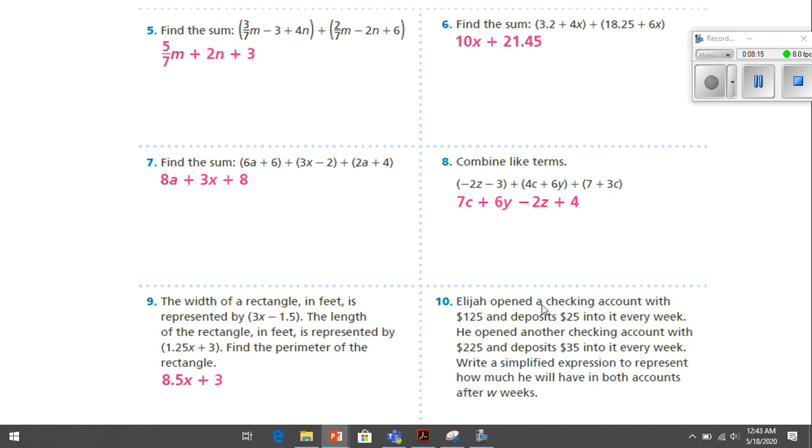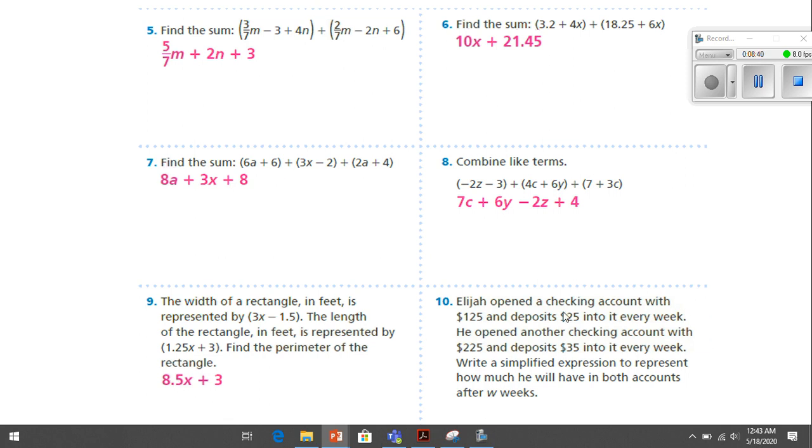Number 10. Elijah opened a checking account with $125 and deposits $25 into it every week. He opened another checking account with $225 and deposited $35 into it every week. Write a simple expression to represent how much you will have in both accounts after W weeks.